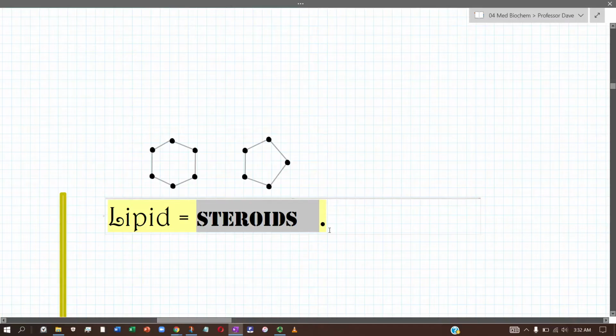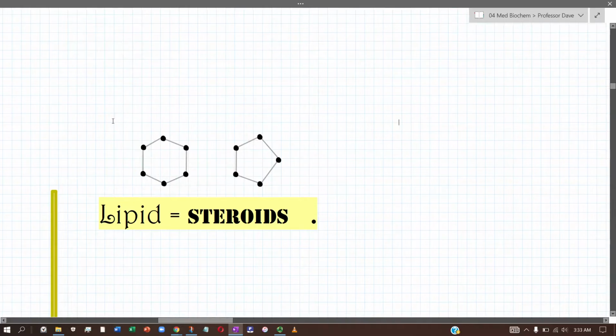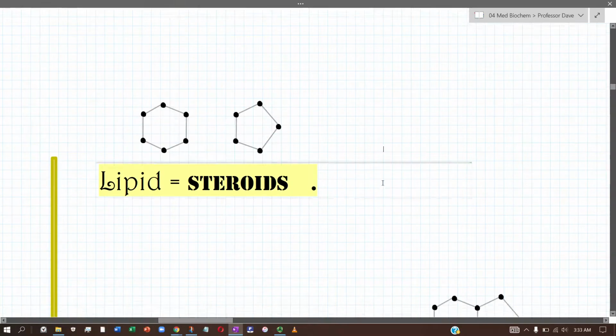It also involves a wide variety of other molecules, in particular hormones, which are obviously very essential for everyday living, for your health on a daily basis. So we'll be dealing with ring structures like this hexagon and this pentagon. So let's move on.